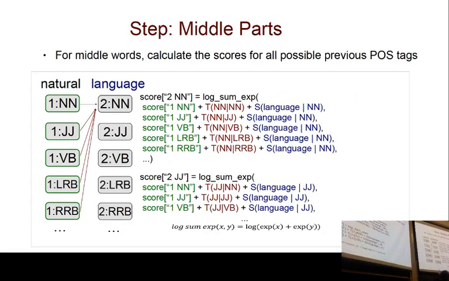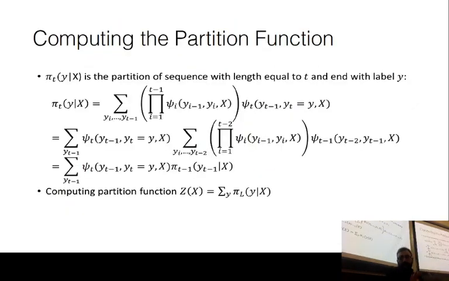So P sub 2 for VB given X would be exactly what we computed: the sum of all the paths that are of length T and end up by emitting label Y.